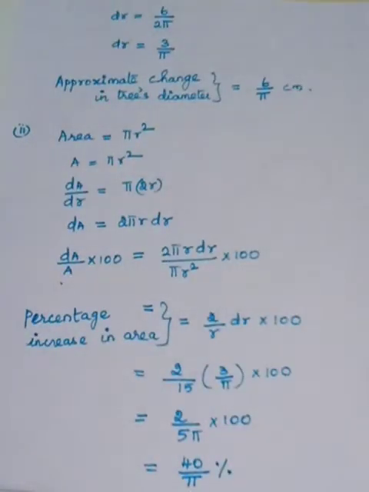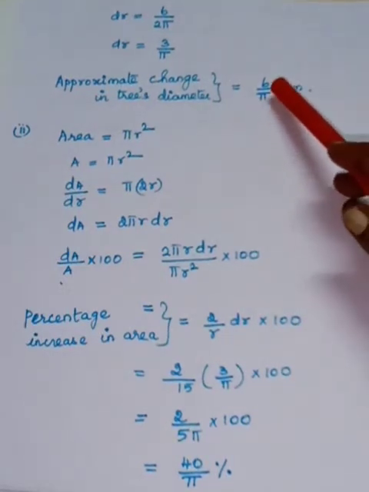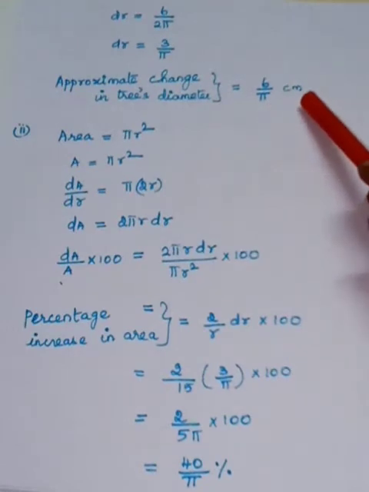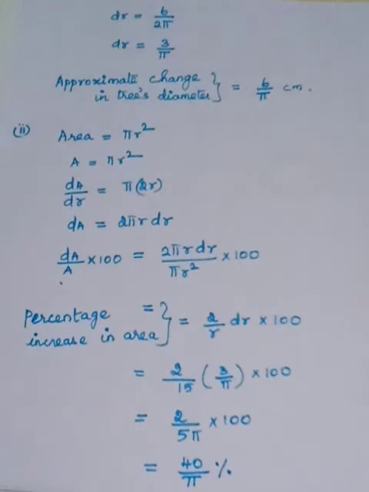Here we have found dr, which is the change in the radius. So what is asked? The approximate change in the diameter. Diameter means we have to multiply by 2. So that is 6 by pi centimeters. When it is asked for approximate change, you have to find the differential.